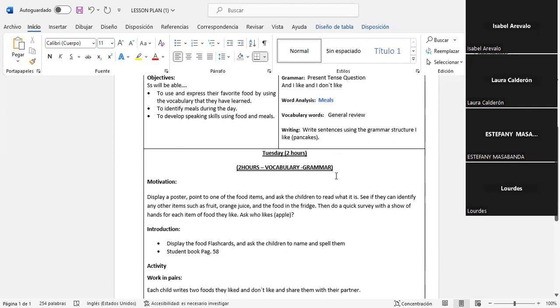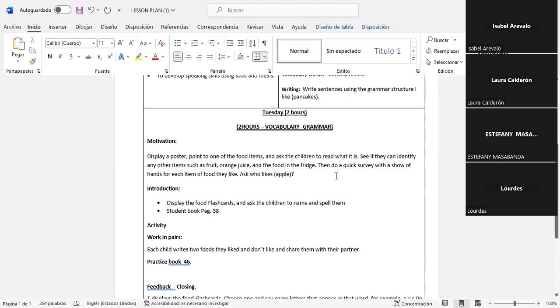Motivation: display a poster, point to one food, and ask children to read. It's good. I like your motivation, but you can have them bring the fruits or the food.